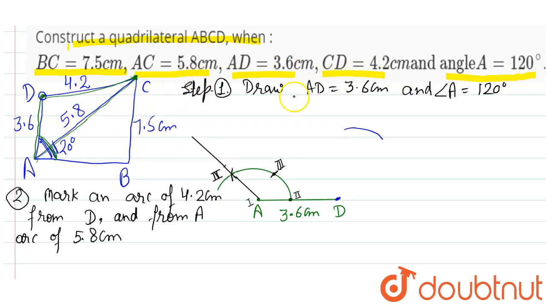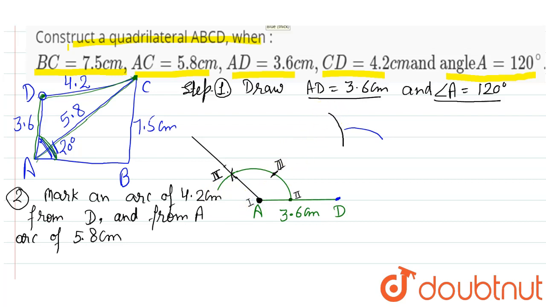Draw AD 3.6 centimeter. Then angle A 120 degree. Then after that, D point we know, and from D to C it is 4.2. So from D mark an arc of 4.2. And from this point A, we know AC is 5.8. So take a distance of 5.8 in compass and mark an arc.